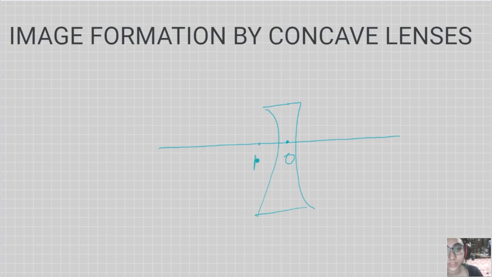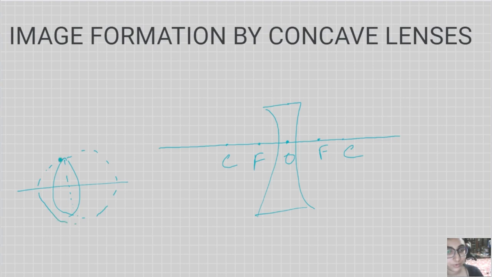Since we're talking about lenses, it will always have two optical centers, two focus, and two centers of curvature. Obviously all lenses are made of two spherical surfaces.